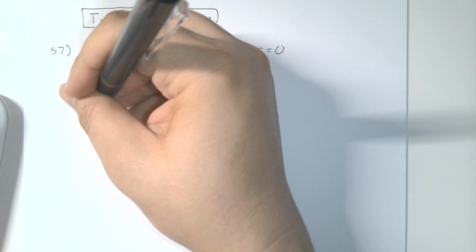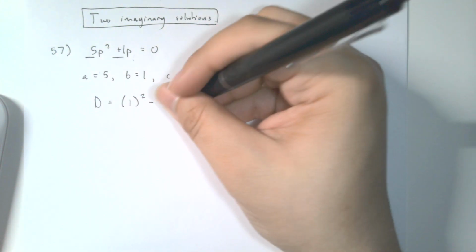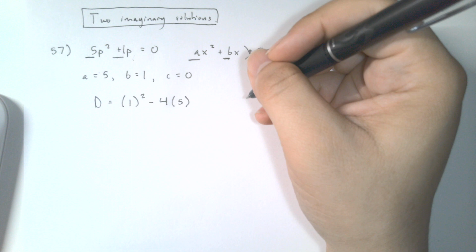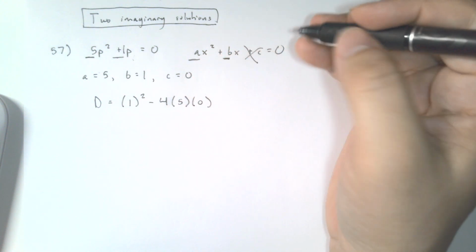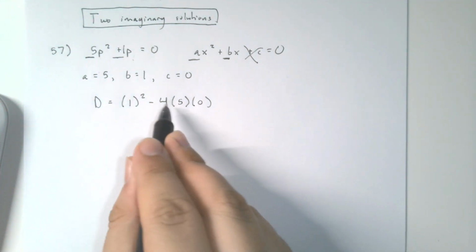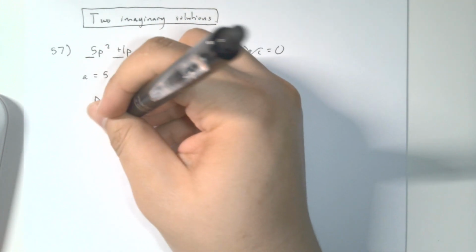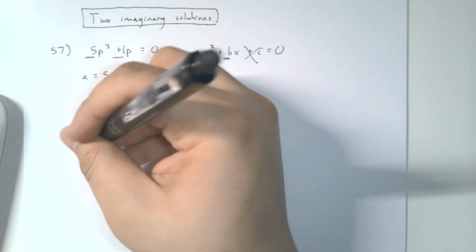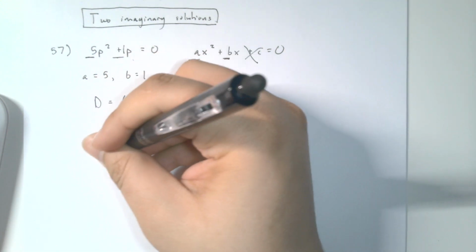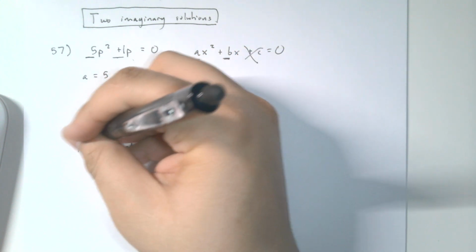So our discriminant is equal to b squared, so we have 1 squared, minus 4 times a, which is 5, and times c, 0. It's pretty clear that even without a calculator, this whole term would cancel out because of the 0. And we have 1 left. So since we have a positive number, we have 2 real solutions.